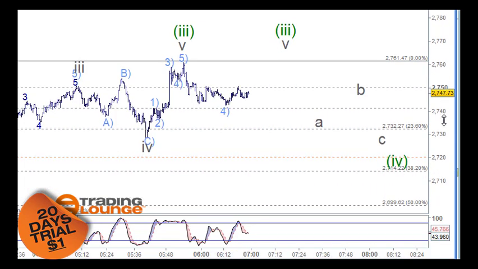Then the pullback will pull back to here, so the 2720 area. This is the 38.2% retracement level in here. So then we would need to look at this, or any move below here, and this is where you could put a stop if you wanted to for your long trades under here. You don't put stops at whole numbers, by the way, not at 2740.